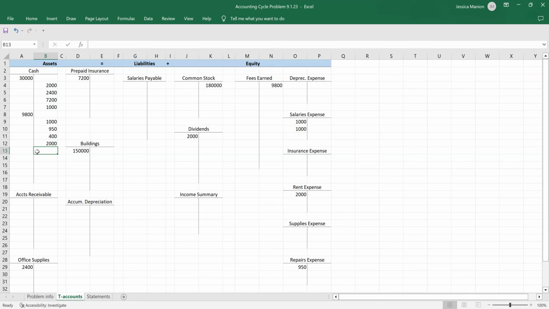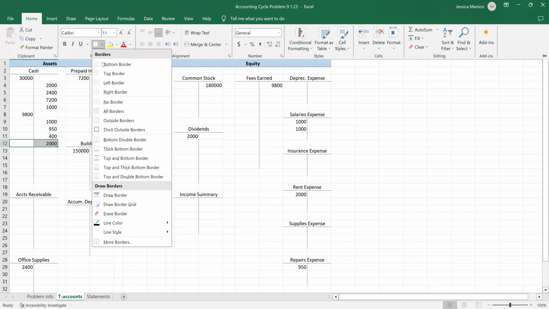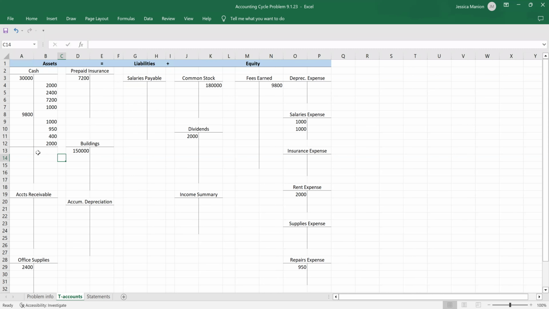So the balance in cash, and really cash and salaries expense are the only two that had more than one transaction. But to get the balance in cash, we're going to take our debits, add the debits, and then subtract all of our credits.